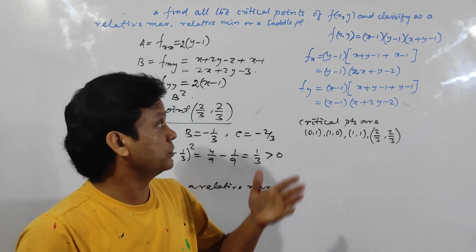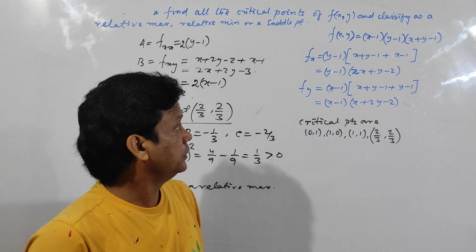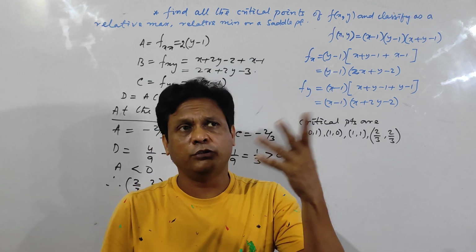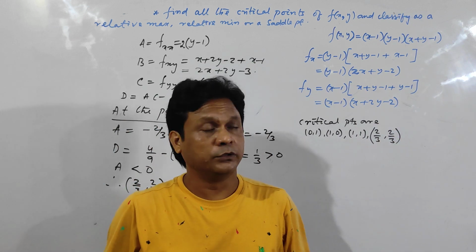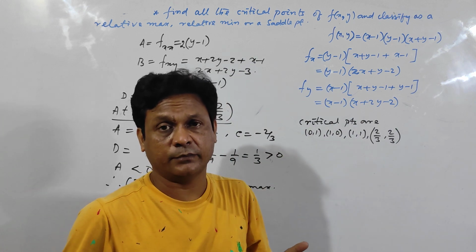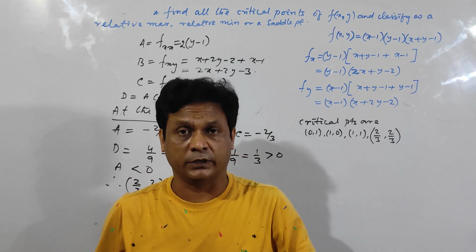Clear? So in this way, you first find the critical points. That means you have to solve the two equations. Many people are saying that if I do one question, then I can do anything. No. How to solve the two equations? There is some trick. And if I give some trigonometric function, it will be too difficult. Clear?